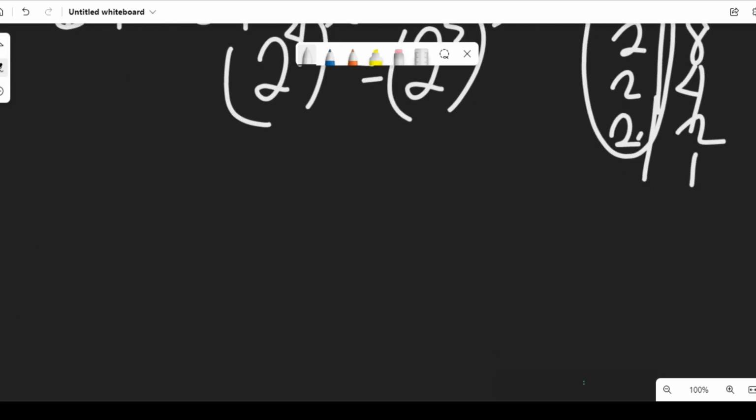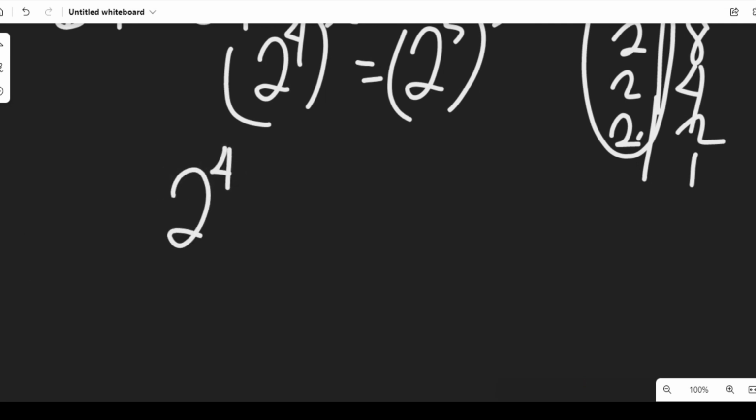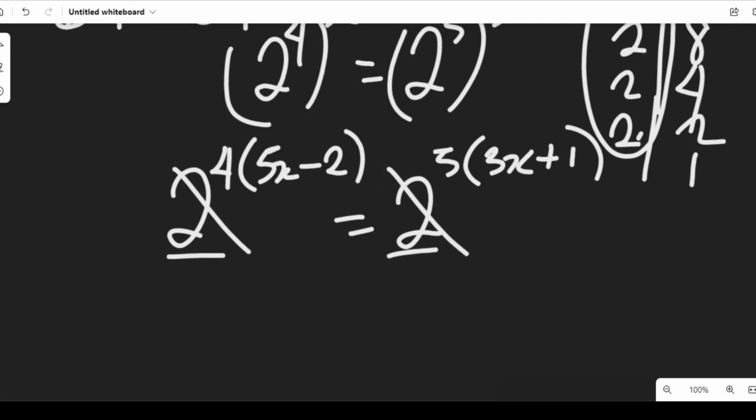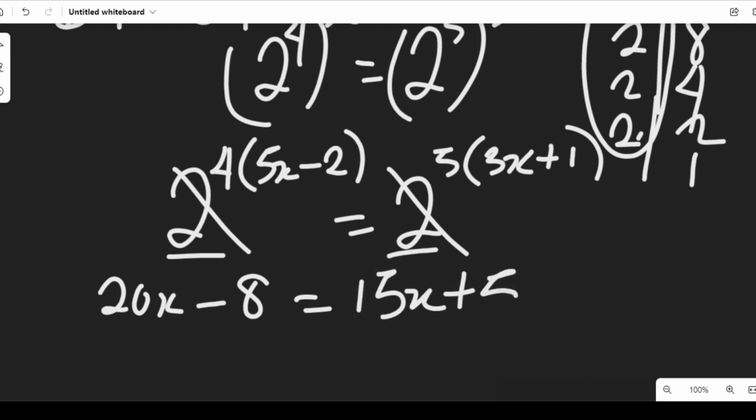If we simplify this, we are going to have 2 raised to power 4 multiplied by everything out there, 5x minus 2, and this will be equal to 2 raised to power 5 multiplied by everything up there, 3x plus 1. So if we multiply that, we'll see that we have a common base, which will clear off. So we'll have 4 times 5, that will give us 20x, minus 4 times 2 is 8, equal to 15x plus 5.